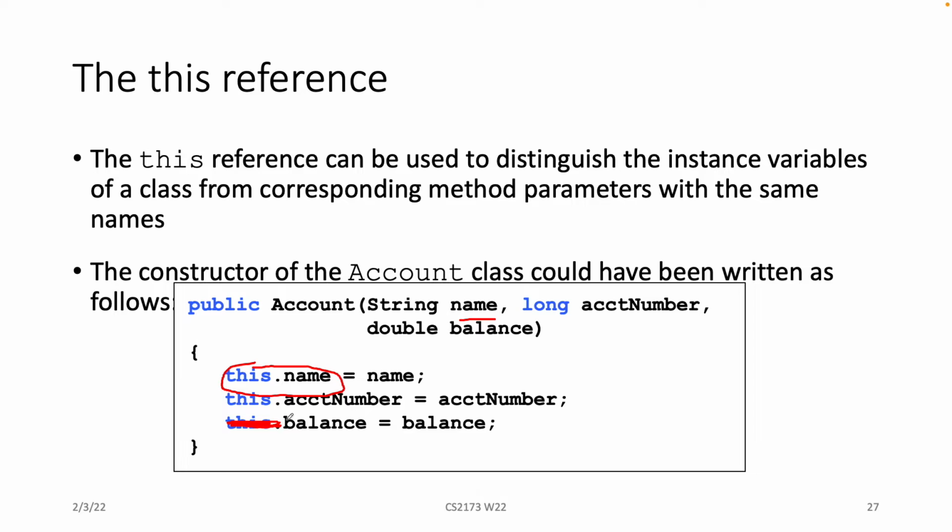Because what will happen here is the double value of balance will be its default value of 0. So I'll put in a balance of $1 million, and I look at my account and it's 0. And I go, what the heck? I put $1 million in. Where did it go? Okay, so that's something to just be aware of.